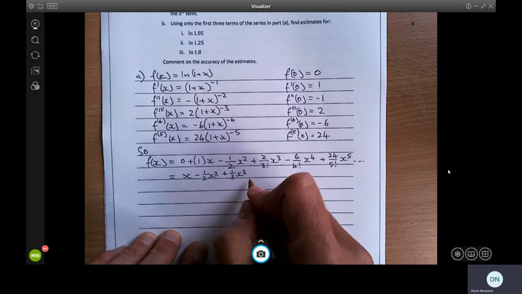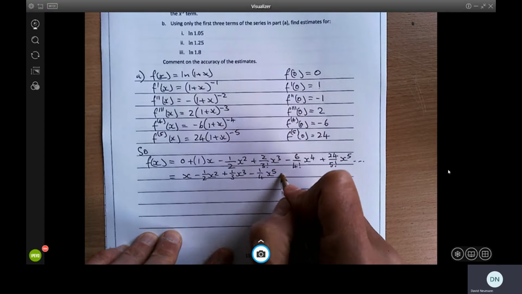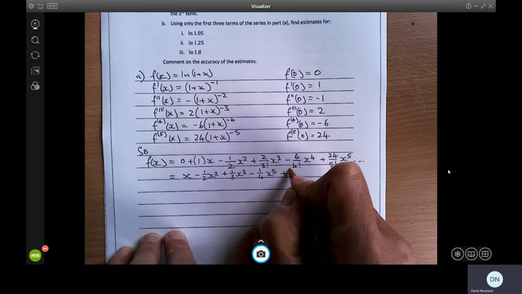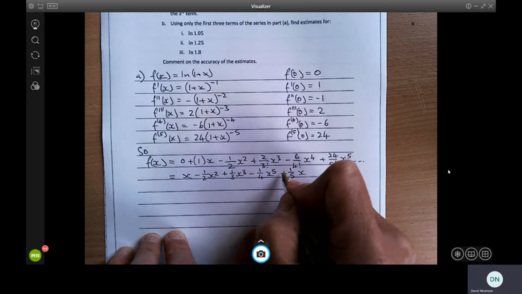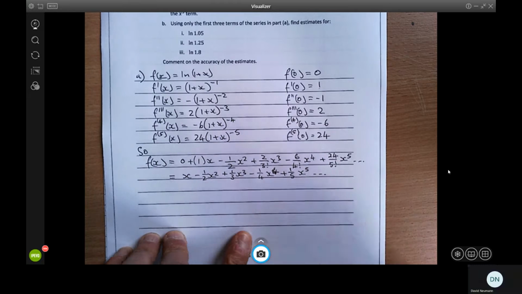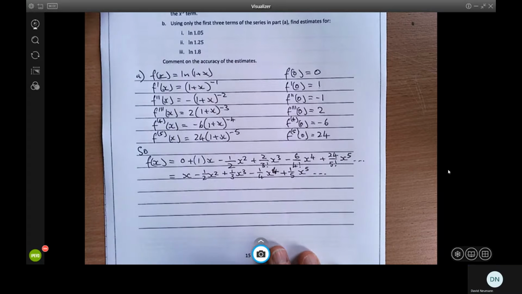So that's minus a quarter x to the power of 4, plus 24 over 5 factorial, which is 120, so this is a fifth x to the power of 5. So there's our expansion up to x to the power of 5.